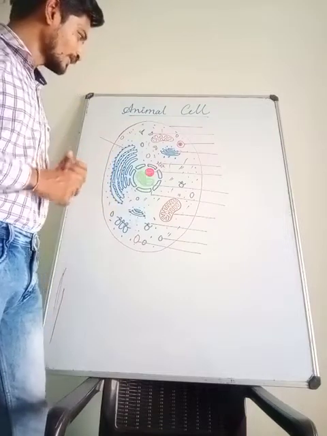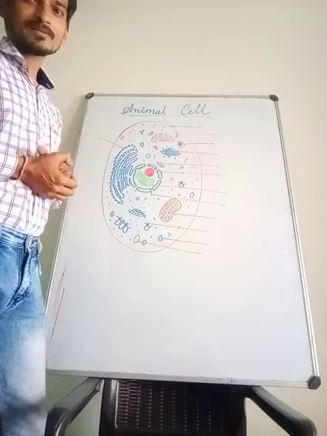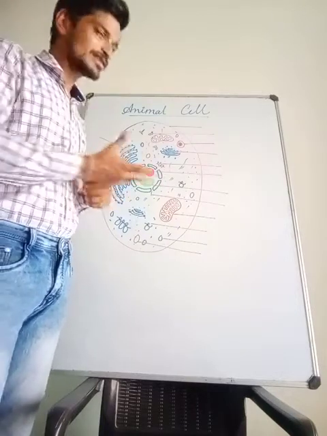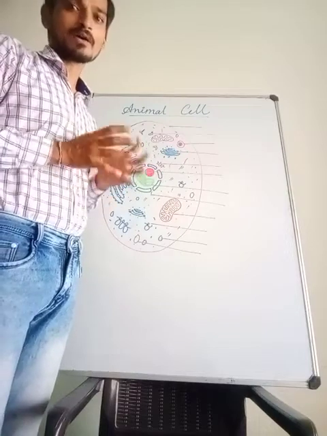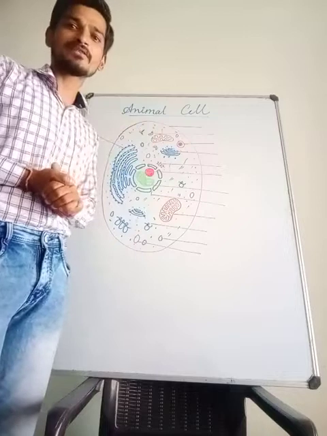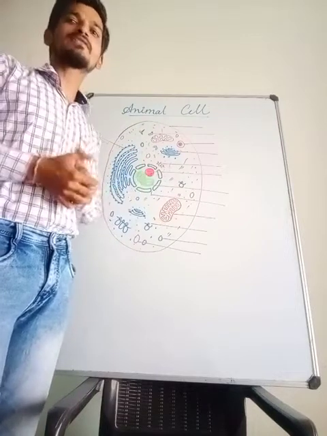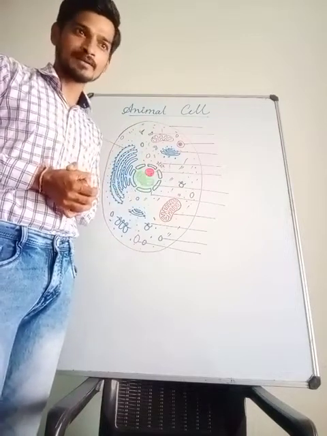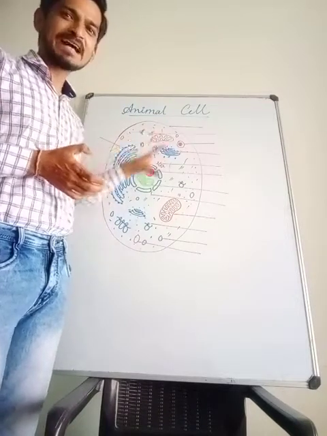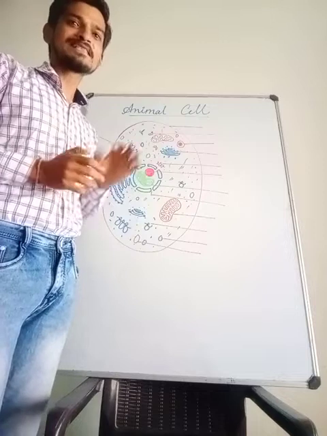As we all know, a cell is basically the structural and functional unit of a living organism's body. Any organism, whether it is a unicellular organism like amoeba or a multicellular huge giant like a blue whale, has a body made up of tiny structural units called cells.